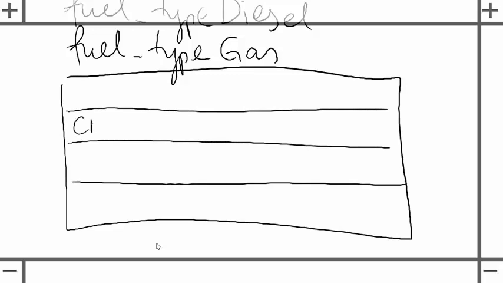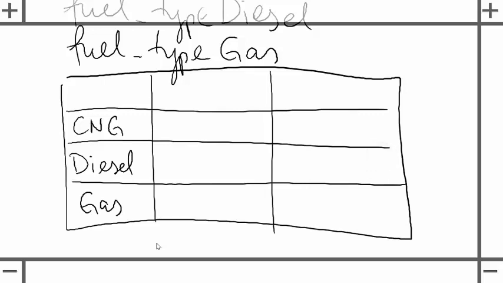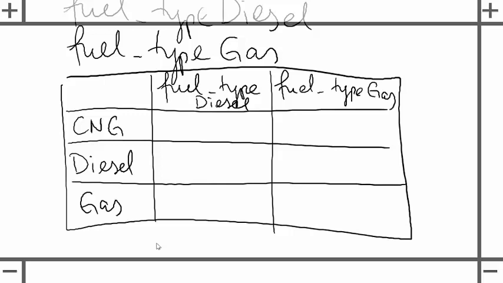So it can be CNG, or it can be diesel, or it can be regular gas, okay? And I have 2 different dummy variables, k minus 1. Three different categories minus 1, that's 2, right? That means that my first one is fuel_type_diesel, and another dummy variable, fuel type gas, right? So if the car runs on diesel, what do you think the value of fuel type diesel should be? 0 or 1?